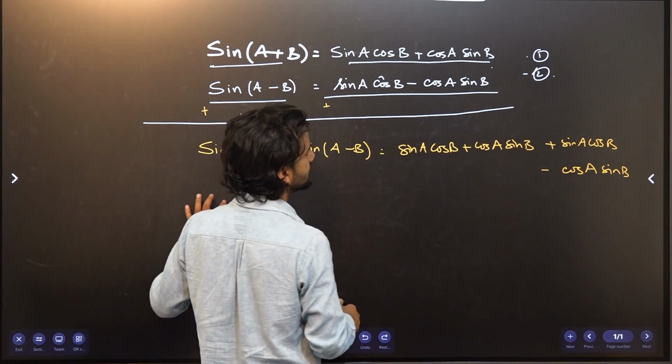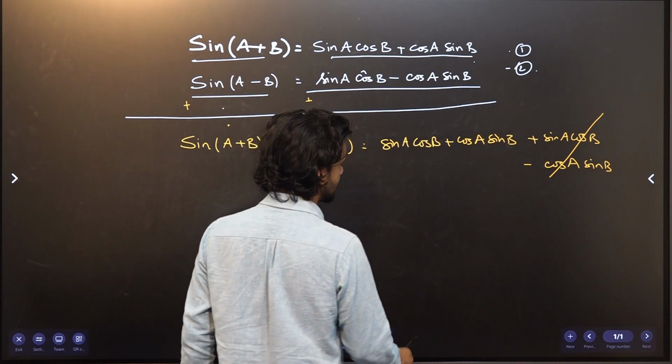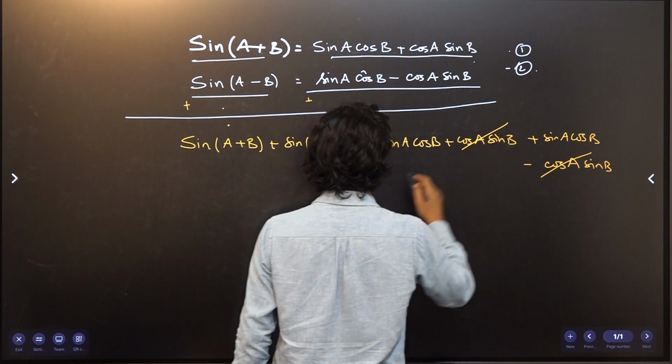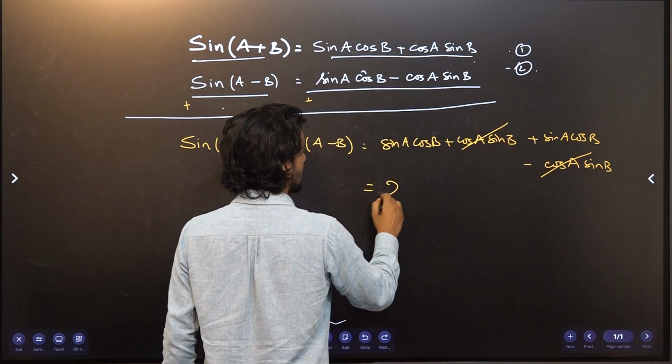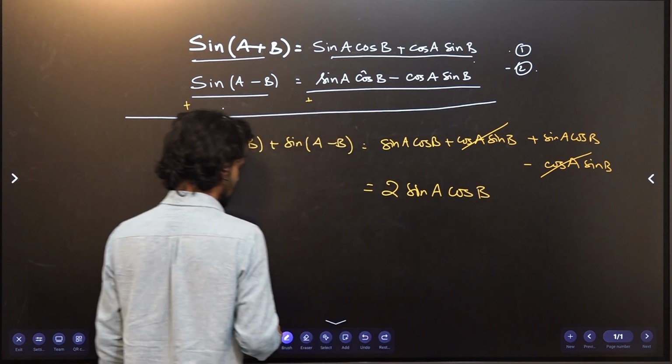Cos A sine B, this one minus and this one plus, so all that remains is 2 sine A cos B.